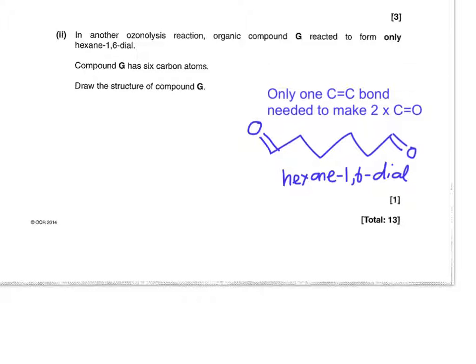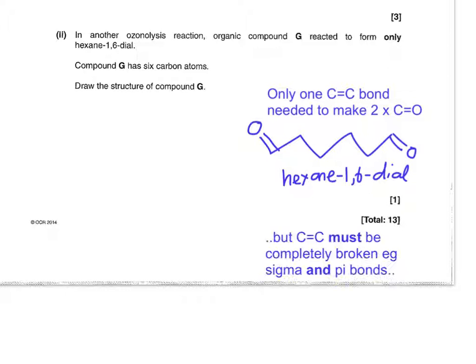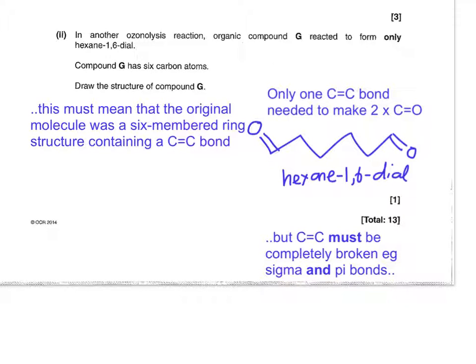If we take the idea that only one carbon-carbon double bond is needed to make 2 times C double bond O, but at the same time the carbon-carbon double bond must be completely broken, i.e. sigma and pi bonds together, it must mean that the original molecule was a 6-membered ring structure containing a carbon-carbon double bond. There's really only one candidate, isn't there? And that's cyclohexene. So let's have a look at the mark scheme and see how close we were.